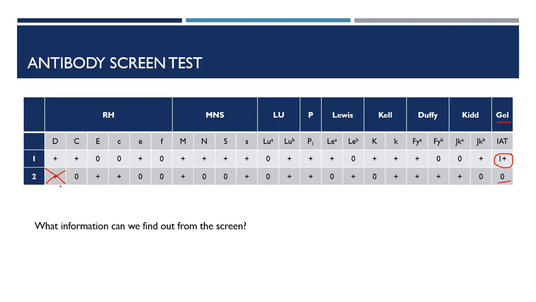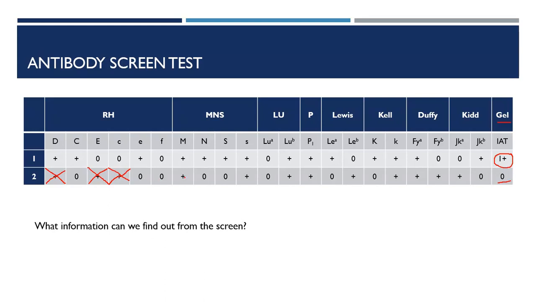Now if we continue in the RH system, big C is absent on this reagent cell, but big E is present. Big E's antithetical partner is little e, so I presume this is a double dose of big E on this screen cell, so I'm going to cross that out. And as we noted before, big C is absent and its antithetical partner is little c, so I can rule this one out.